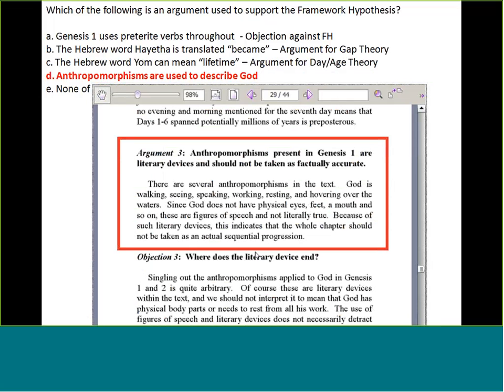It's not a question that is directly from one line of the book. It assumes that you've read all of the material and studied it, so you would be able to quickly identify where these arguments or objections are coming from, and so you know which one is actually used for the framework hypothesis.